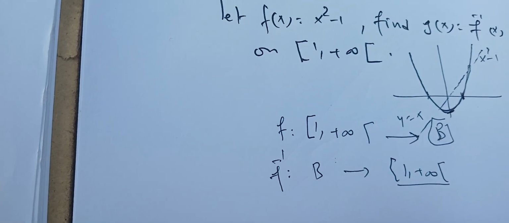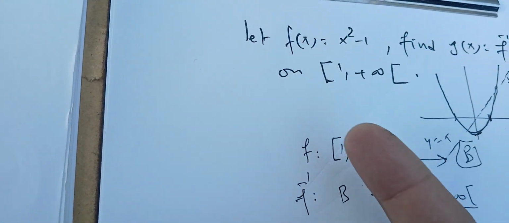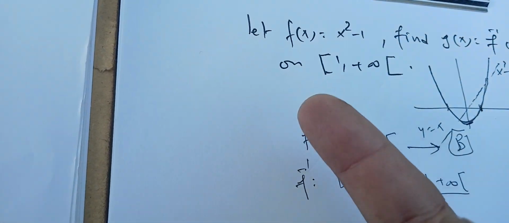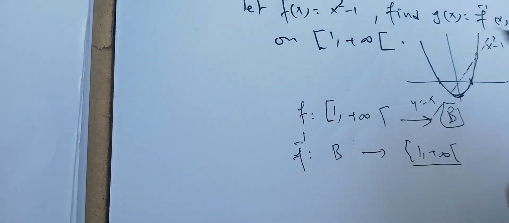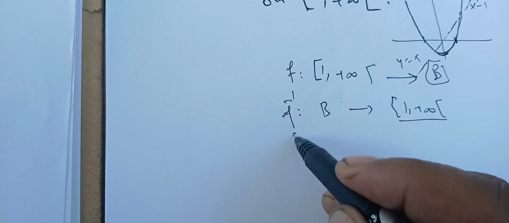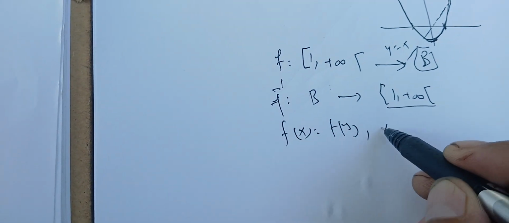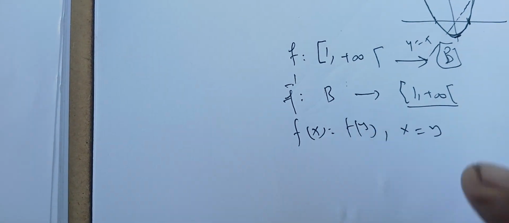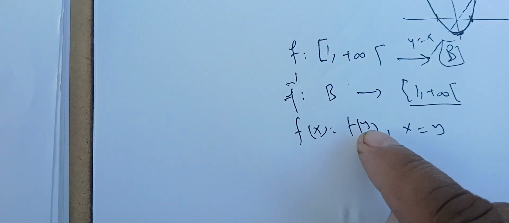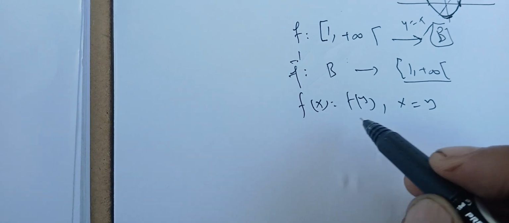To talk about the inverse function, our f has to be injective and surjective. To see why our function is injective, we set f of x equals f of y, and we try to find a relation between x and y, where x and y are in this interval, a condition that we need to add.